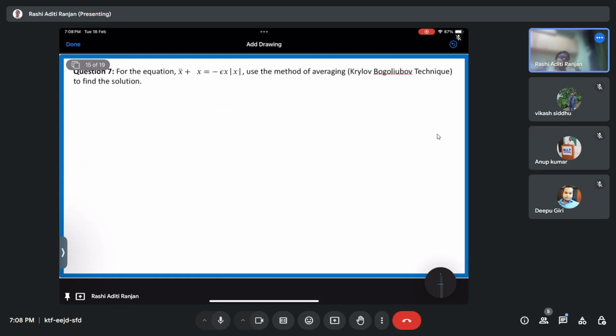First I will tell something about this technique. It says that if my function is of this form, then my solution x is nothing but this.